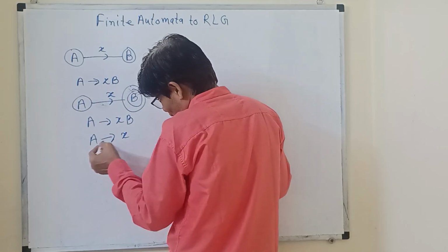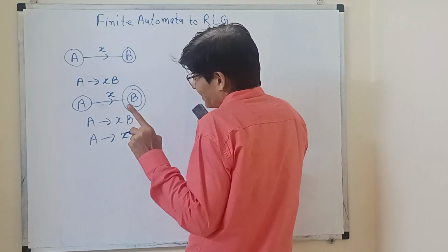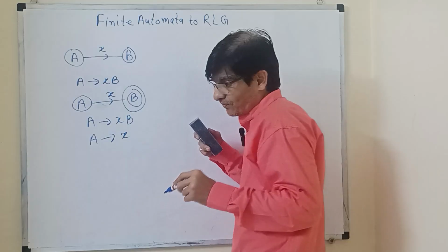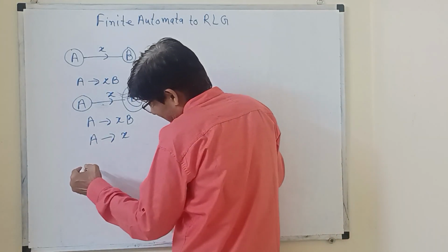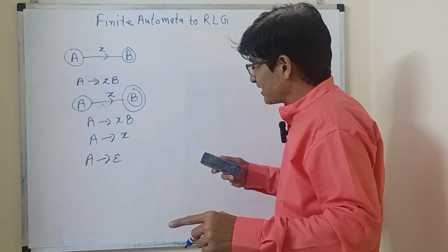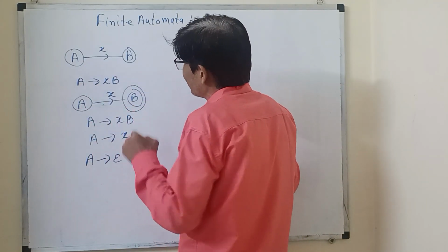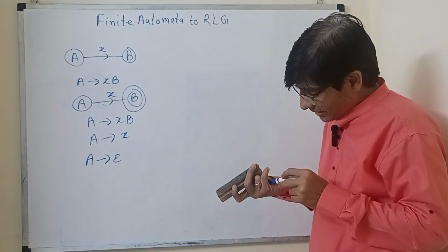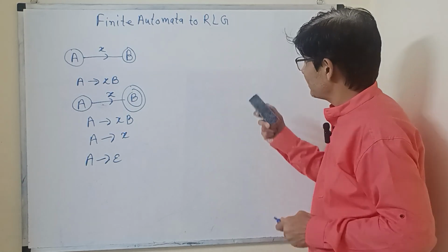Now one more condition may be there. Suppose your initial state is also the final state, so in that case you need to add A gives epsilon. All these rules you will apply when you are converting any finite automata into RLG or right linear grammar.